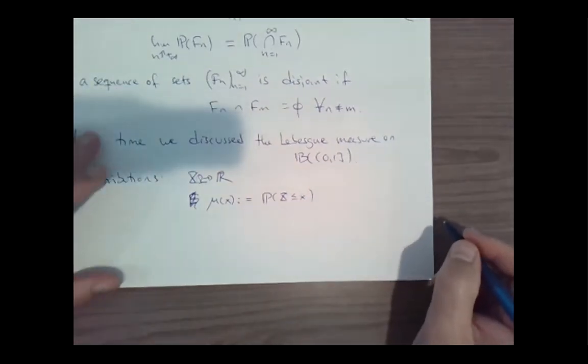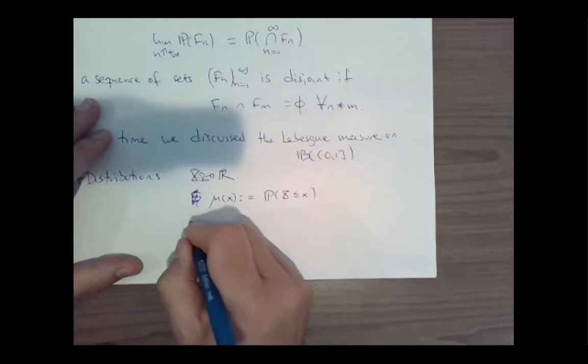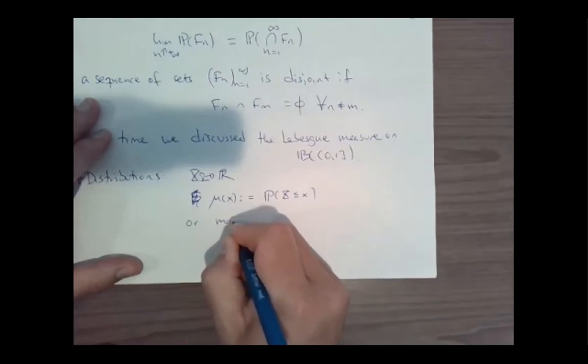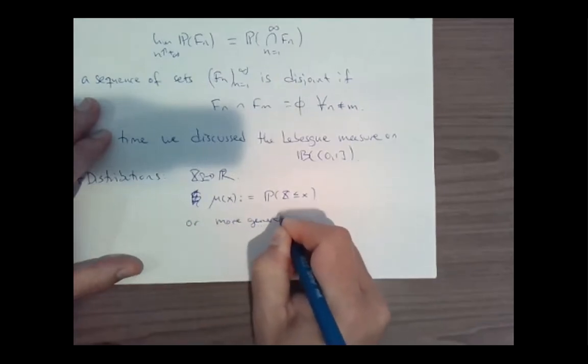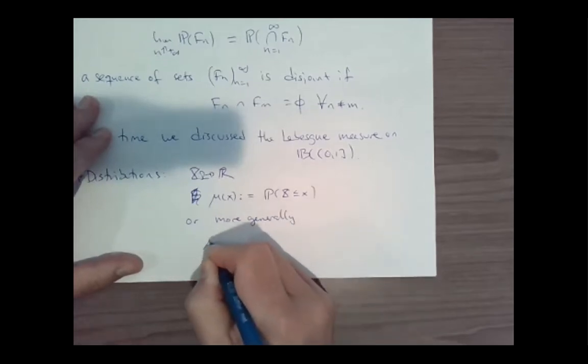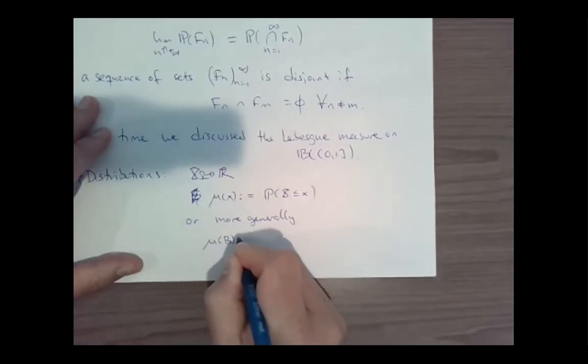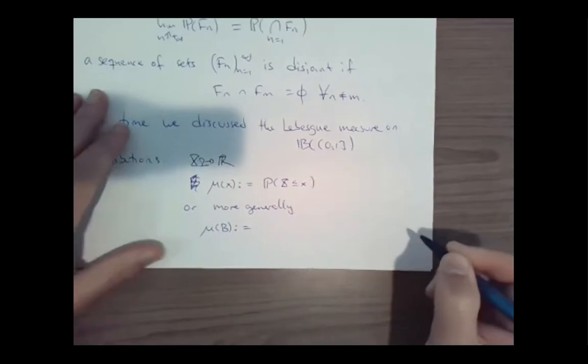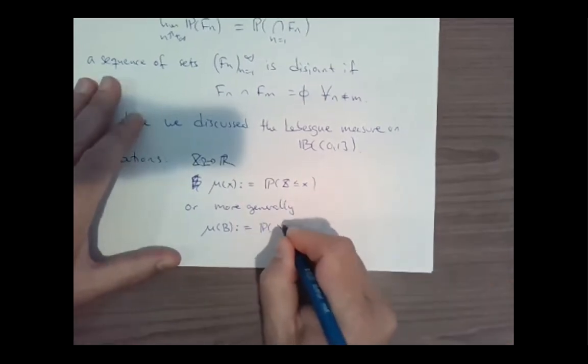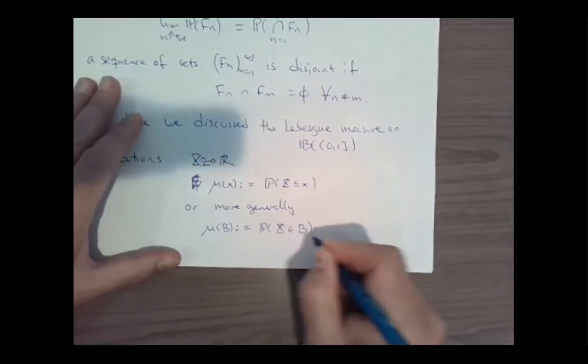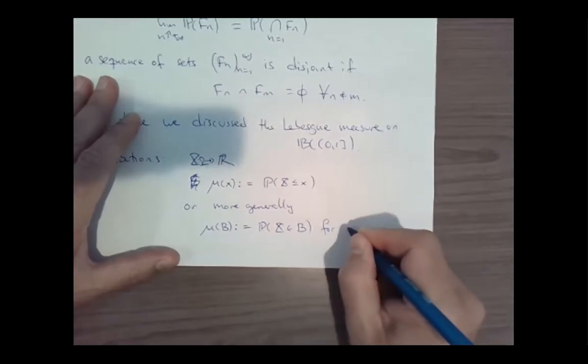We could do this more generally. We could say mu of B. This could be the probability that X belongs to B for a Borel set.